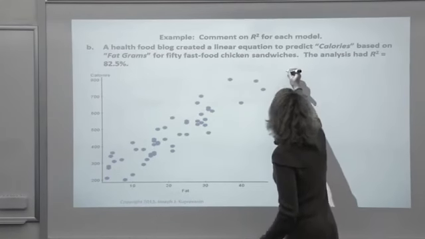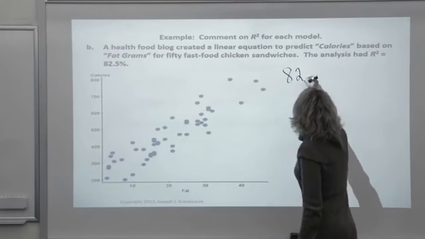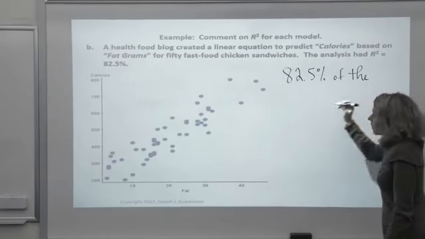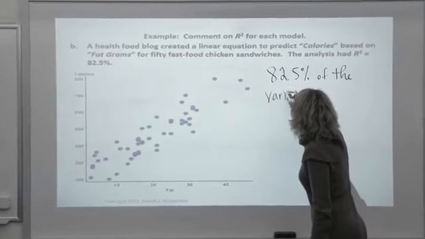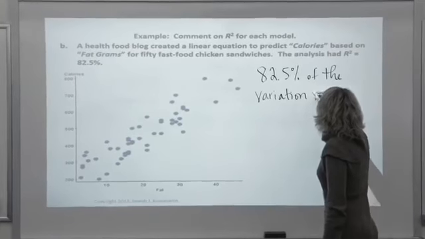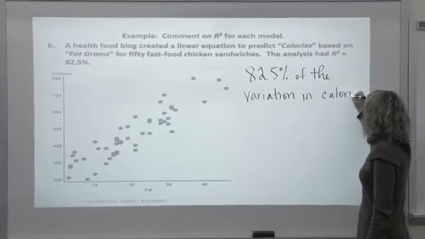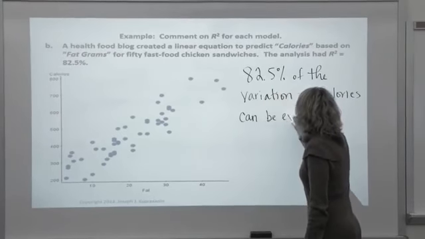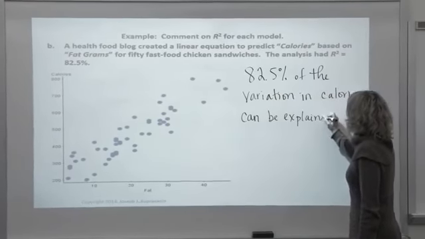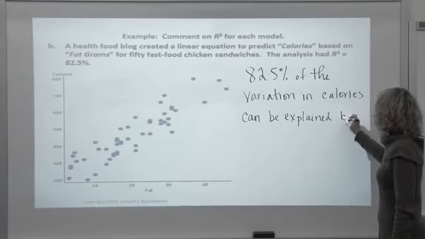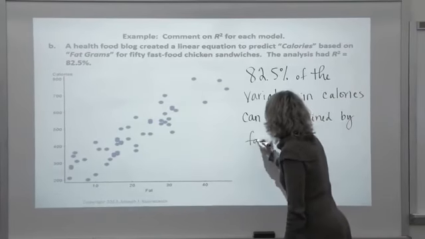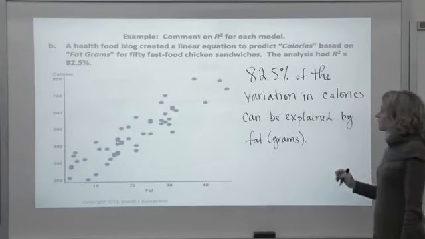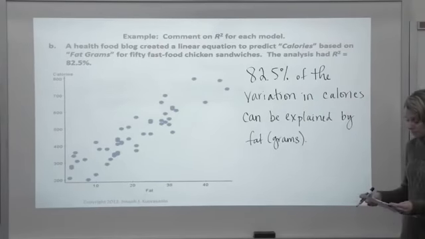So for this one, 82.5% of the variation in calories can be explained by the grams of fat in the sandwich. So that seems pretty good.